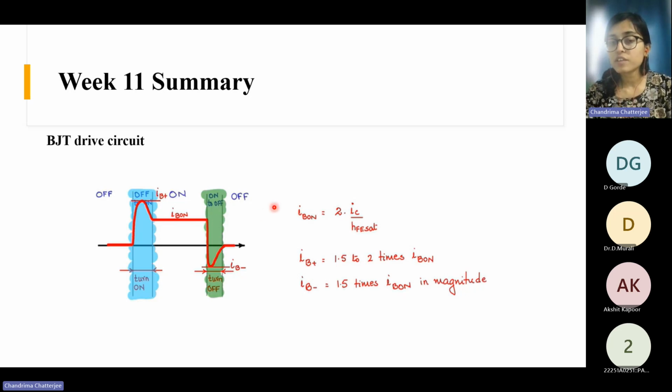All this data you will also get in the lecture of Umanand sir; I have taken it from there. These are values you can use while designing the drive circuit.